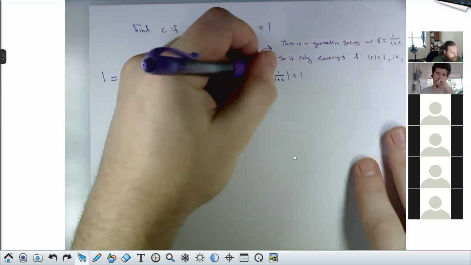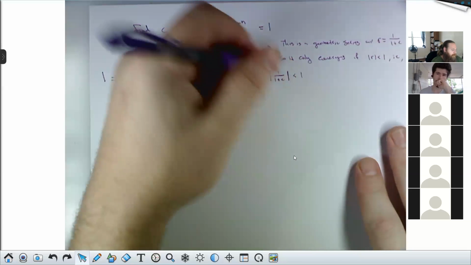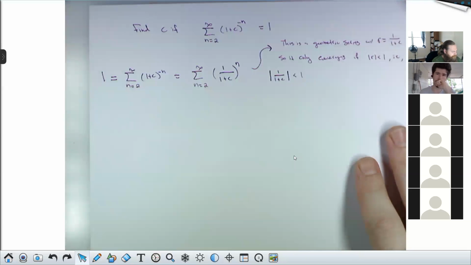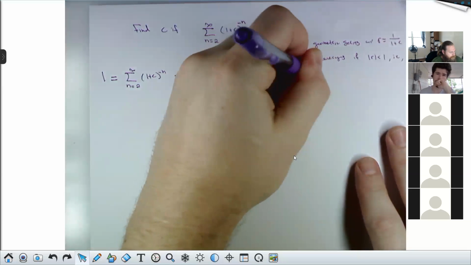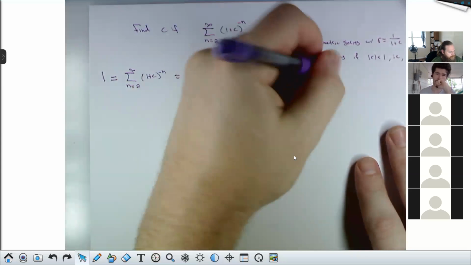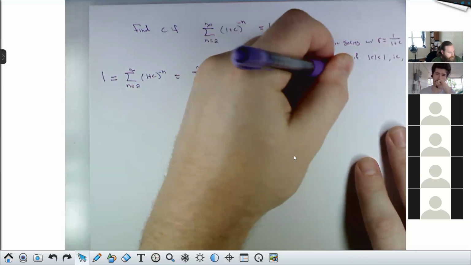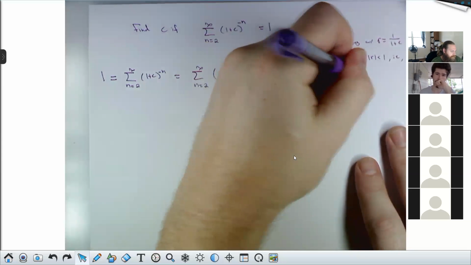There's a handful of ways you can attack this inequality. You could start by taking reciprocals on both sides, which flips the inequality. So I'd get the absolute value of 1 plus c is greater than 1.